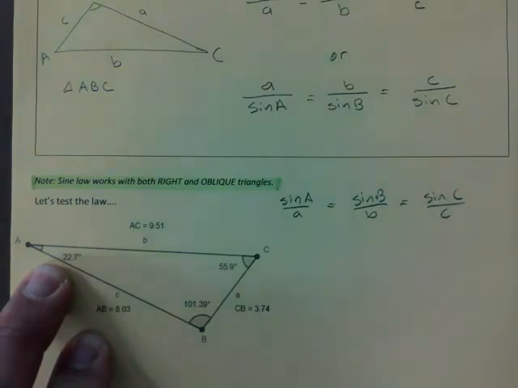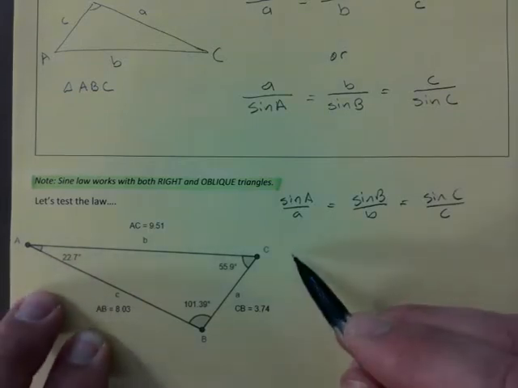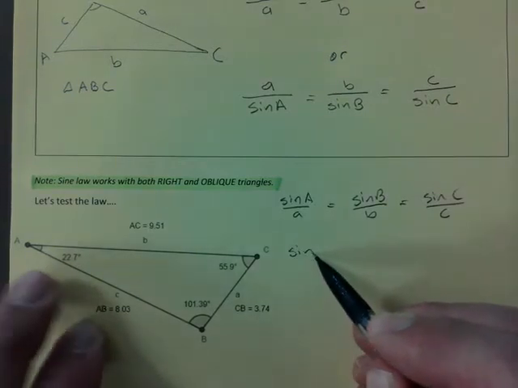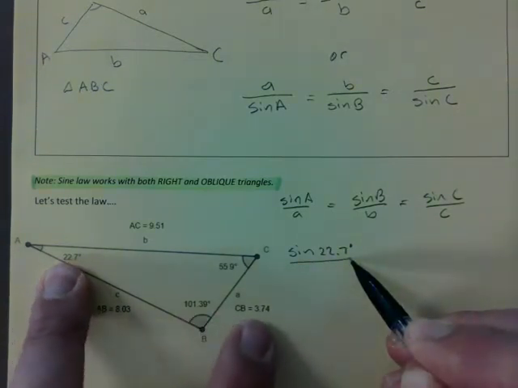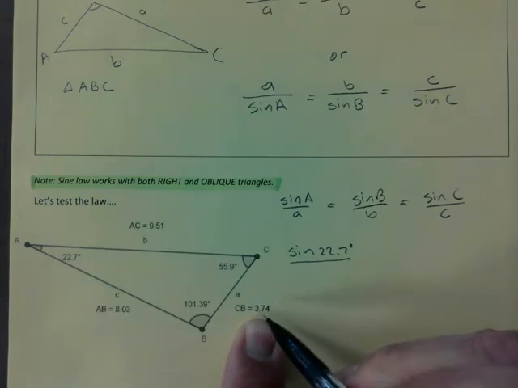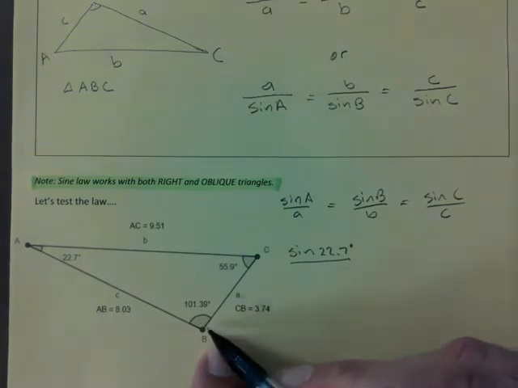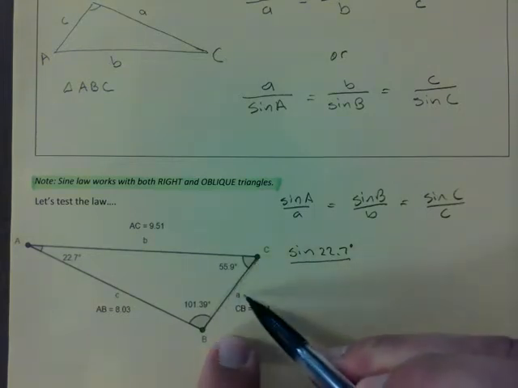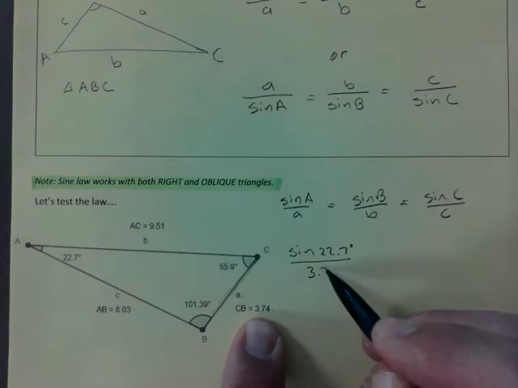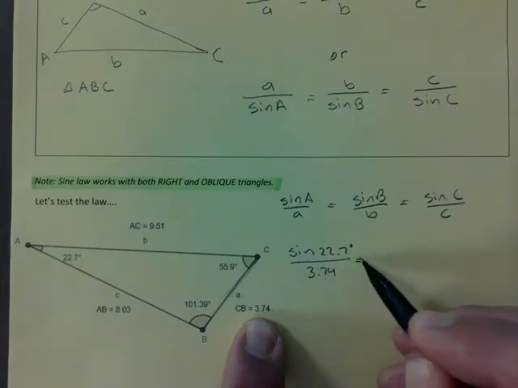So this is also going to make sure your calculators are set to the proper settings, okay? So we're going to go sine of 22.7 degrees over the side across from it. Notice that I mix it all up here. Side a is this, but you can also refer to this as side CB or BC, right? That shouldn't throw you off, but let's just put 3.74 units underneath it.